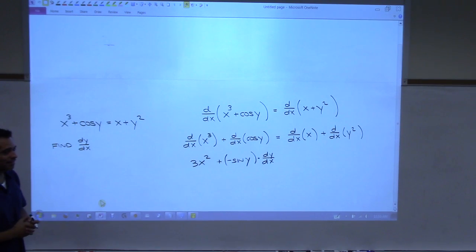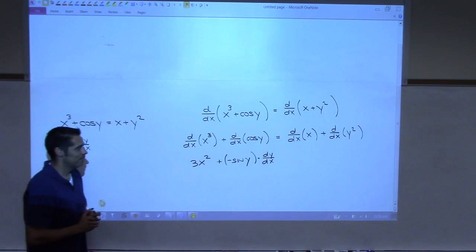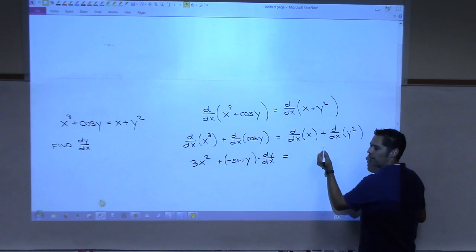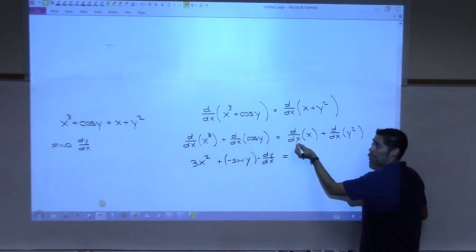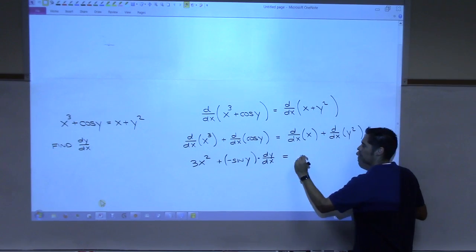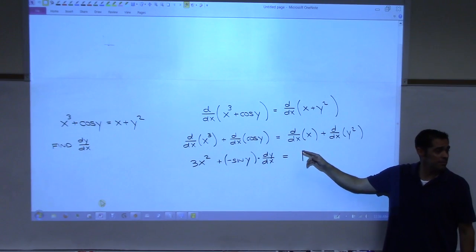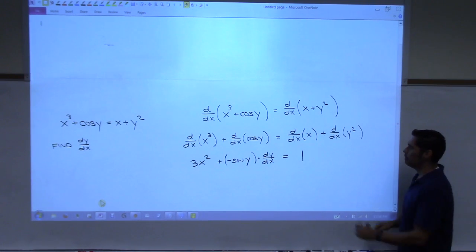Equals. What's the derivative of x with respect to x? 1. Because that's really dx over dx, that's 1.